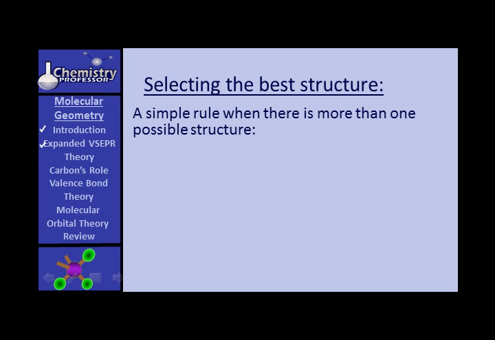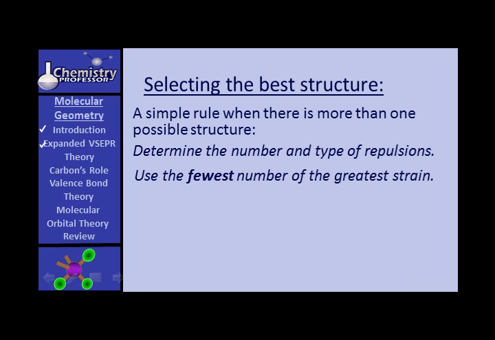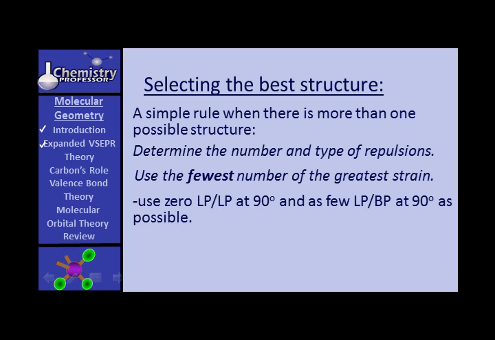Use this simple rule. When you've got several structures to be considered, the first thing you do is determine the number and type of those repulsions, just like we've done. But then when you're making a decision about which one of those structures is best, you want the structure that has the fewest number of the greatest strain. You want 0 lone pair repulsions at 90 degrees if at all possible, and as few lone pair, bond pair repulsions at 90 degrees as you can get.